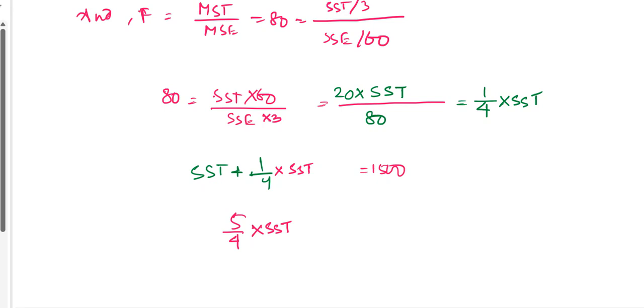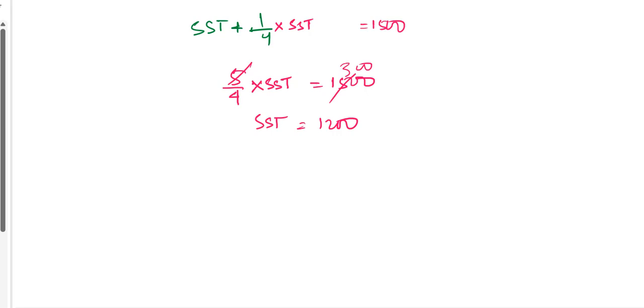So the value of SST will be 1500 cut it out 300, that is 1200, and the value of SSE will be 1500 minus 1200, that is 300.